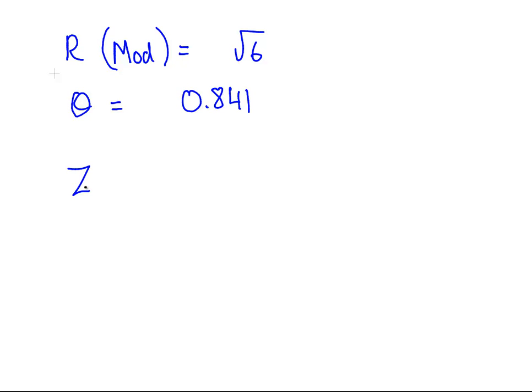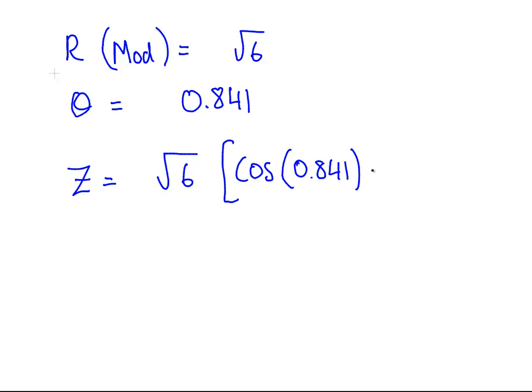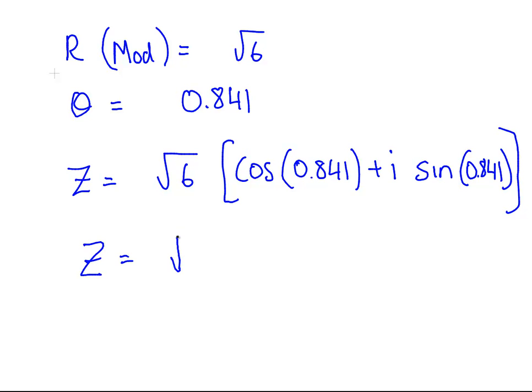So z is equal to the square root of 6 times (cos 0.841 plus i sin 0.841). Or if you like it in the exponential form, z equals square root of 6 times e to the i 0.841. Okay, that's the trigonometric form and the exponential form of the polar form of z. Alright, that's enough of that.